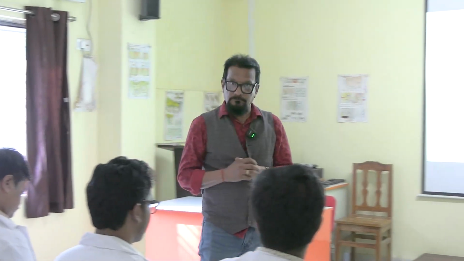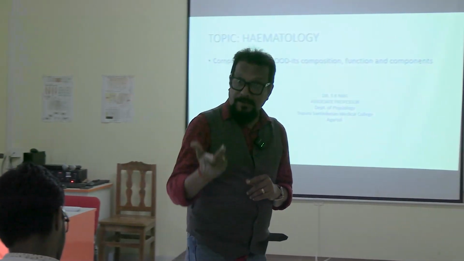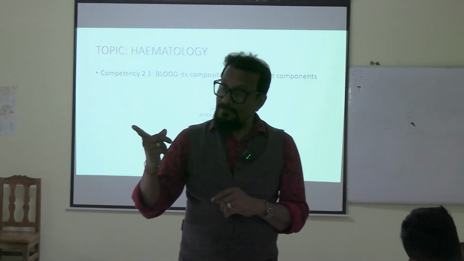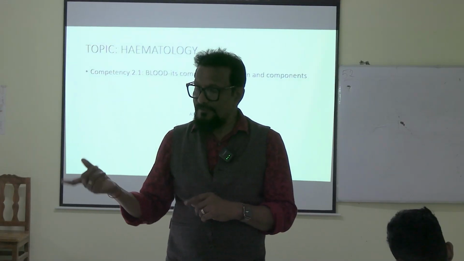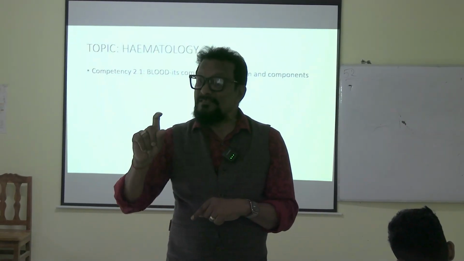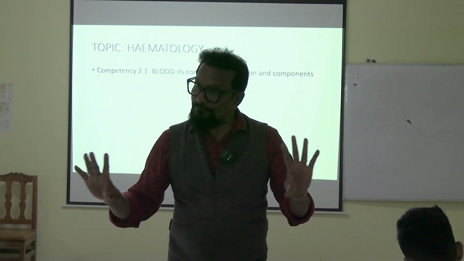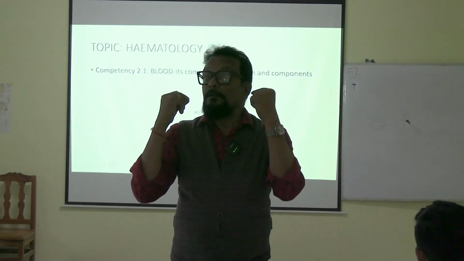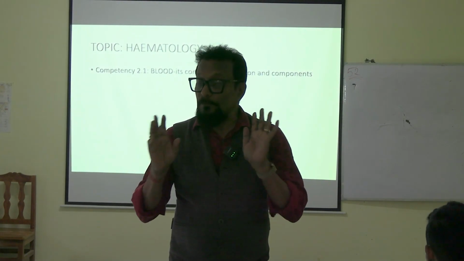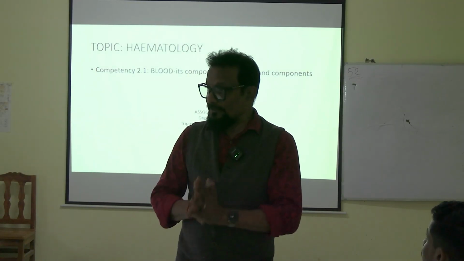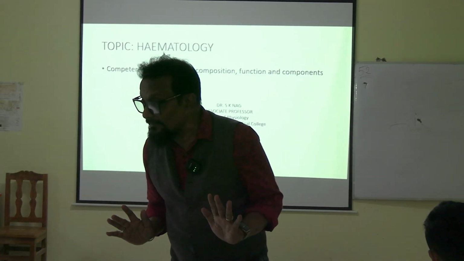W-I-N-T-R-O-B-E, Wintrobe tube, by which we can determine ESR, erythrocyte sedimentation rate, as well as PCV or hematocrit. PCV and hematocrit are the same. Hematocrit is 45, hematocrit is 48, hematocrit value is 42. What does it mean?